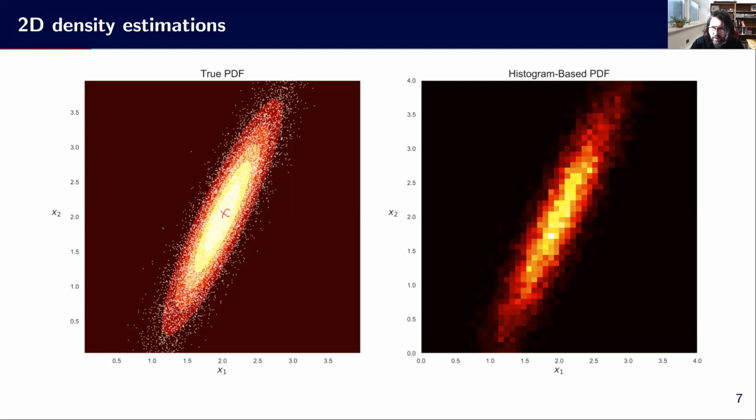We see here that each pixel is basically a bin in 2D, and the intensity of that pixel gave us the value as an estimation, p hat x, that we've got. And this corresponds quite well to the normal density, the distribution on the left, although we can see that there are variations, artifacts, and the pixels are relatively big.